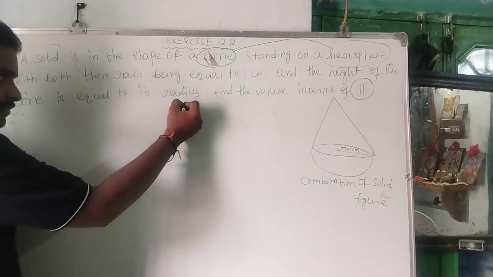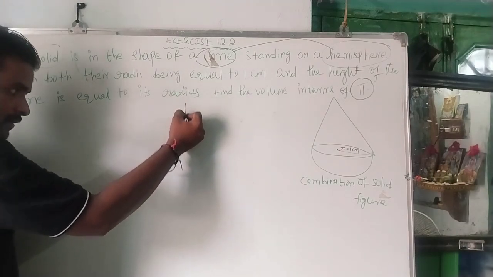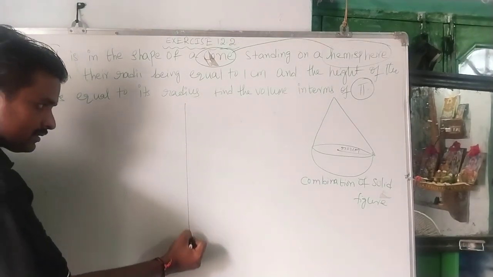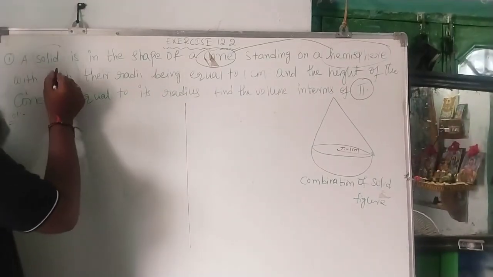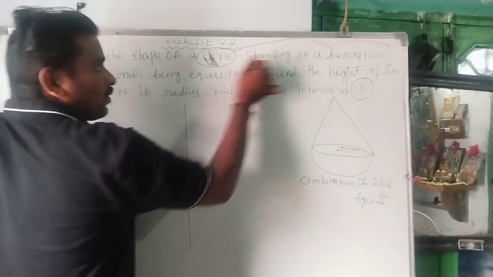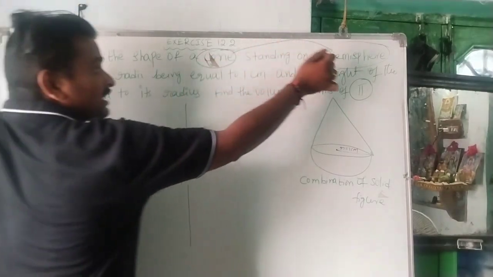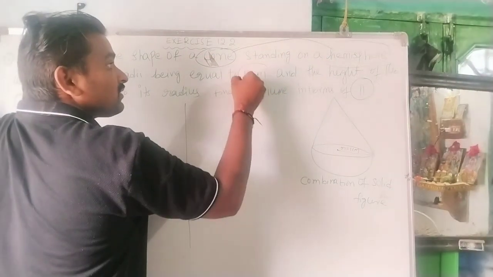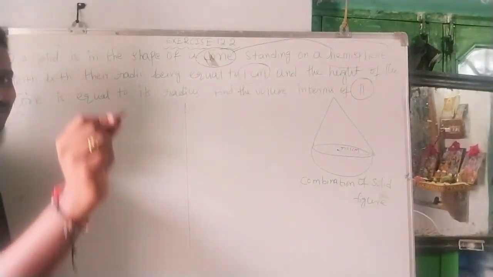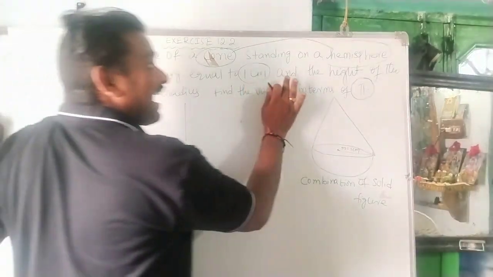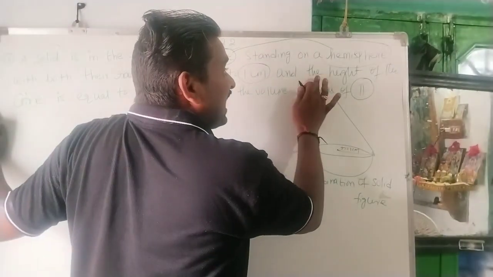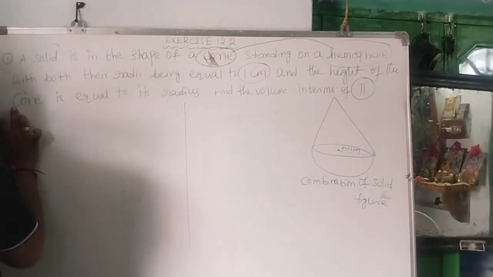I hope you understood this concept. Here, the given solid figure is formed by a cone and a hemisphere. The radius of the cone and the radius of the hemisphere are equal to 1 centimeter. And the height of the cone is equal to its radius.